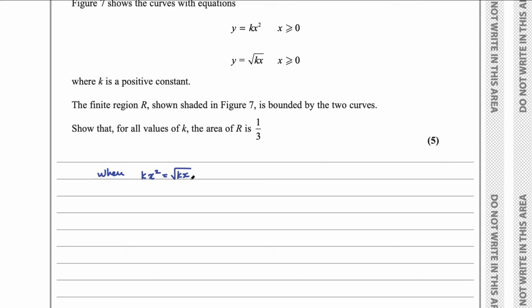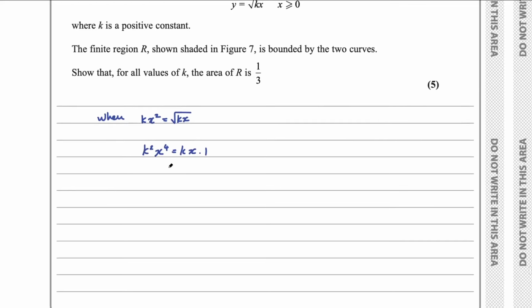What could we start with here? Squaring both sides might be a good start to get rid of that square root. If we square both sides, we have k squared times x to the power 4 equals kx. Then if we divide by kx, we have 1 on the right hand side. So k squared divided by k is just k, x to the power 4 divided by x is x cubed, and this equals 1.